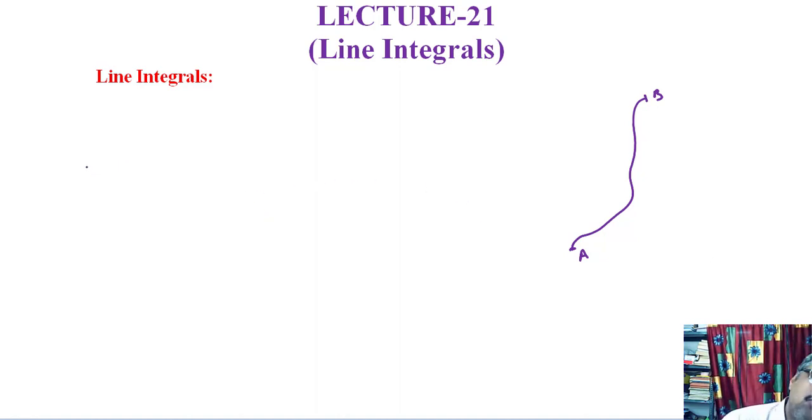Now, first we recall what a vector point function is.